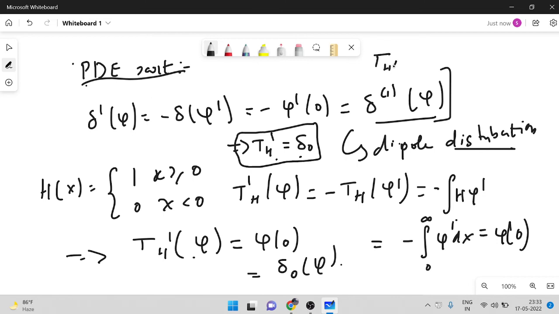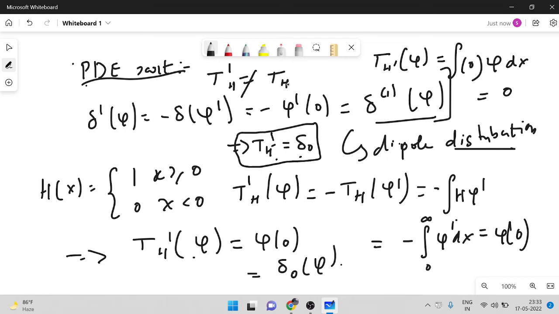The T of h dash of phi is basically the integral. The derivative of the step function is 0 almost everywhere, so the integral of phi dx is equal to 0. So T dash of h is not equal to T h dash.